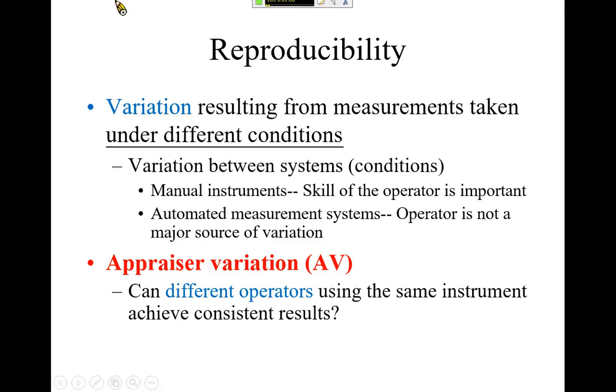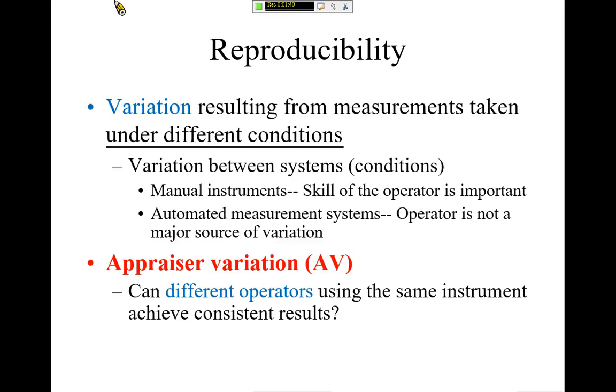Next, the second one is the reproducibility. Reproducibility is when different operators use the same tool to achieve consistent results. So we can understand that reproducibility means the variation comes from the operator, from the appraiser, the person who measures the object.